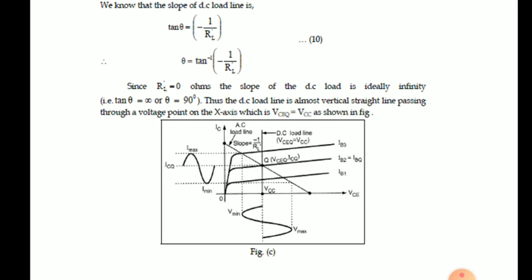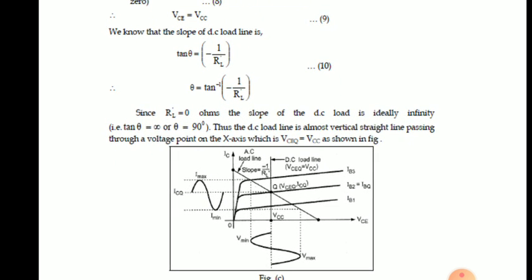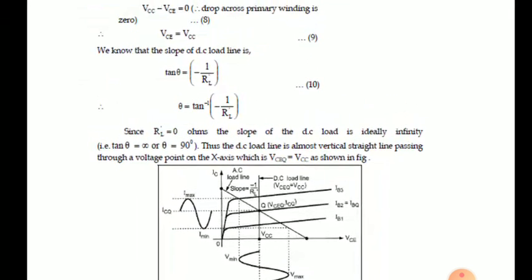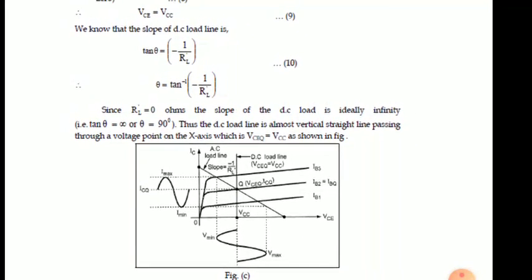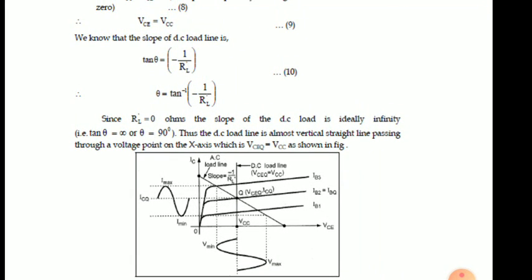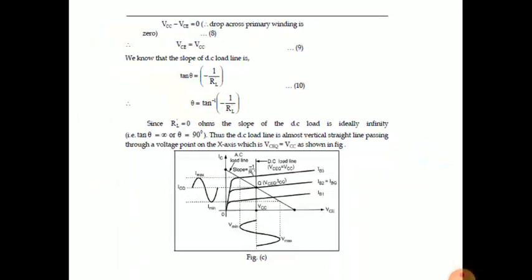Thus the DC load line is a vertical straight line passing through the point VCEQ is equal to VCC on the x-axis, as shown in the figure. How do we get that? From y is equal to mx plus c, y here is IC and x is VCE. From equation 9 we got VCE is equal to VCC, that is, x is equal to some constant.